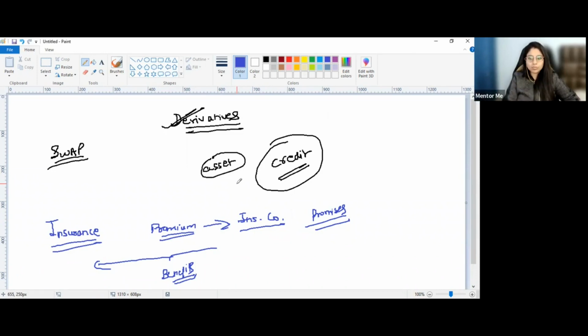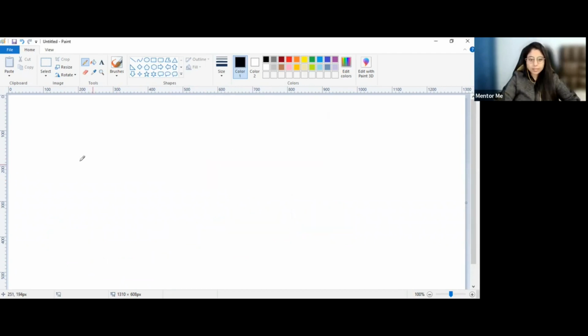What is the concept of credit swaps? Here the concept is that, let's say, we have purchased some bonds of a company. Now as an investor, what is my risk exposure when I've invested into bonds of a company?